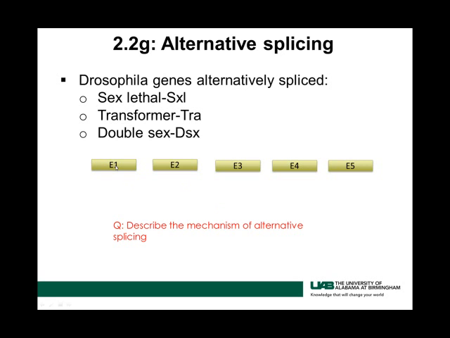It could be that one of the messenger RNAs may contain exons 1, 2, 3, 4, 5, all spliced together in one messenger RNA. Or another one may contain exons 1, 2, 4, and 5. Another one may contain 1, 2, 3, and 5, right? And so just different combinations.